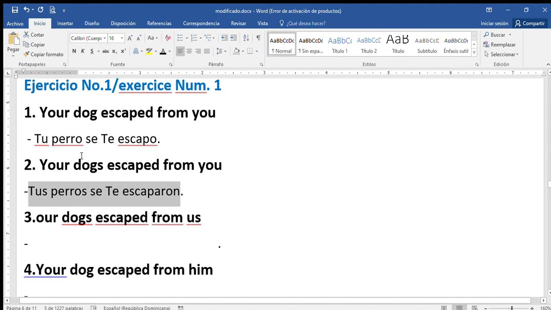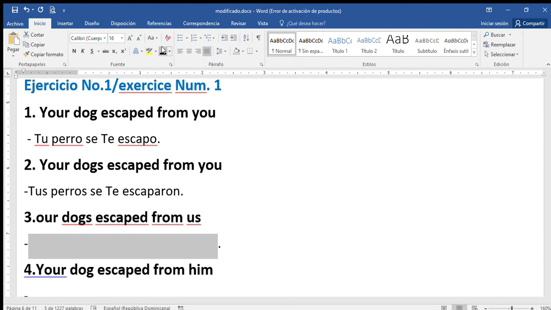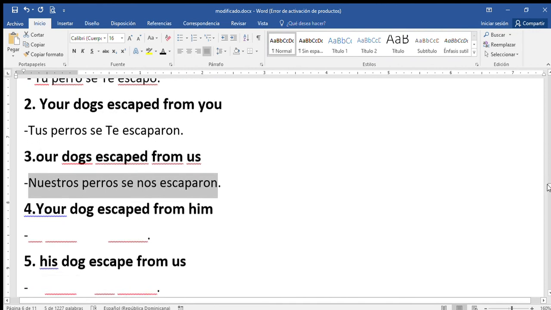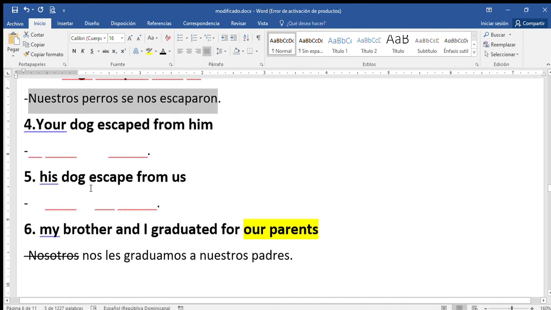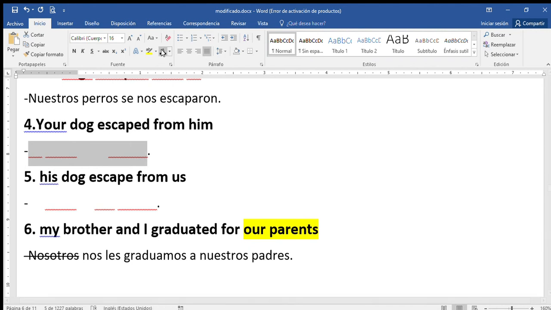It's the same. Our dogs escaped from us. Nuestros perros. Okay, let's see. One, two, three. I think I don't have to explain anymore. You can just compare if they are good or not.